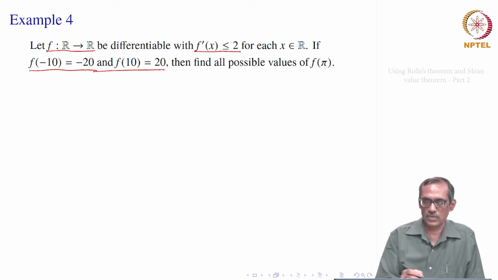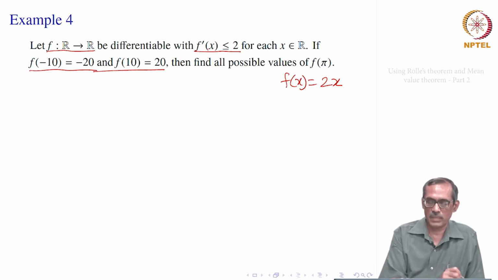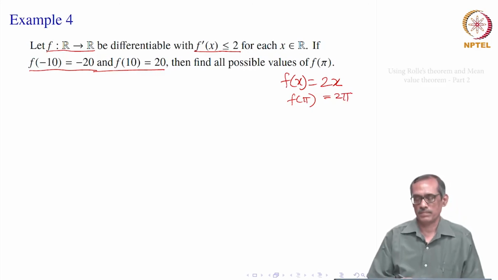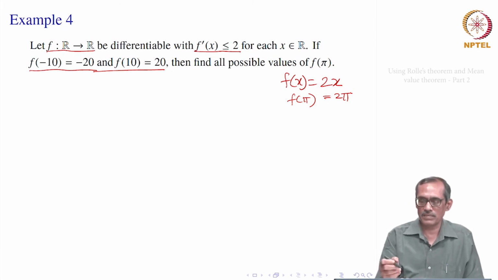So, as you guess, we can have some f of x which will satisfy this, say 2x, which has f prime x less than or equal to 2, f at minus 10 is minus 20, f at 10 is 20. So, a possible value of f of pi is 2 pi, that is a possible value, but there can be all other possible values.